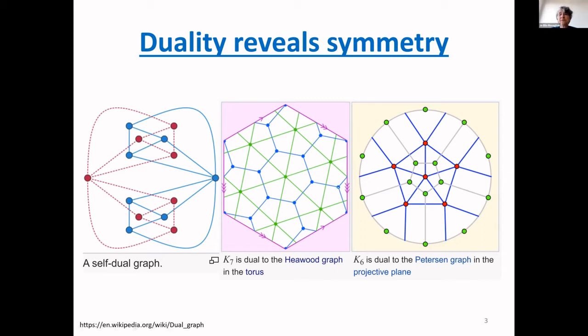This is the Heawood graph, which if you put on the torus in the right way is dual to K7. This is the Petersen graph with the green vertices and K6 as its dual in the projective plane. So these reveal symmetries of these graphs.